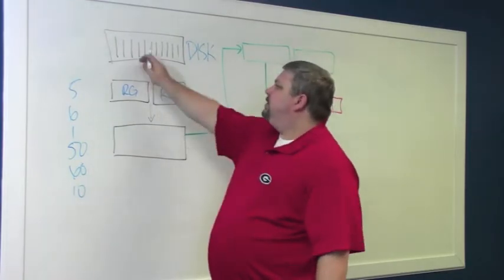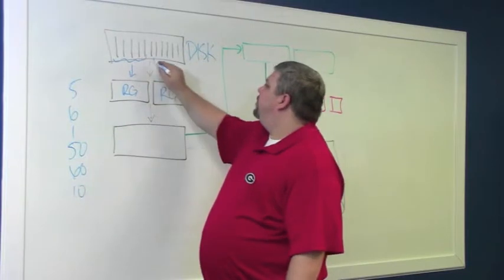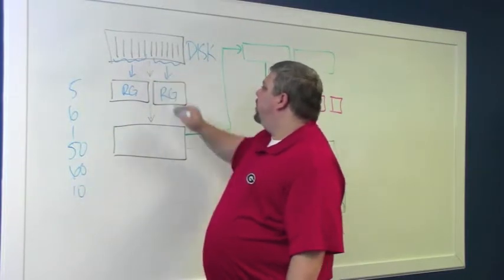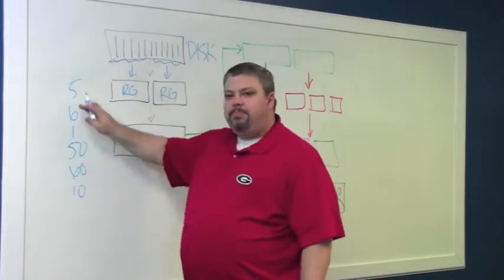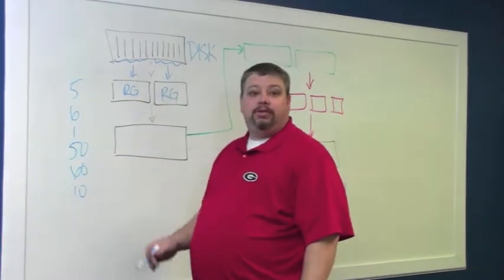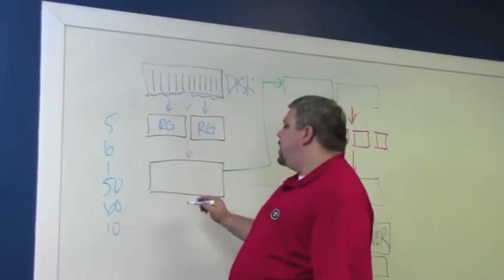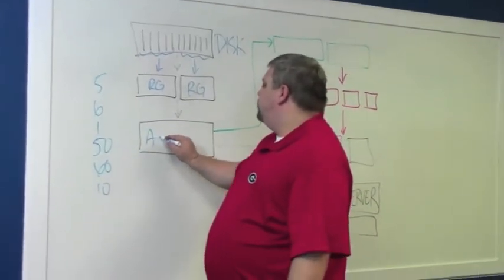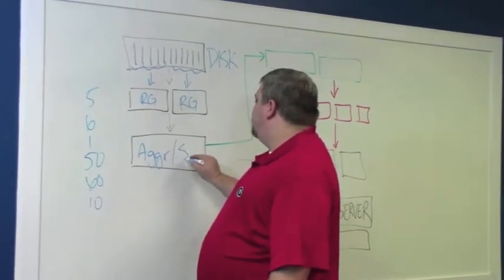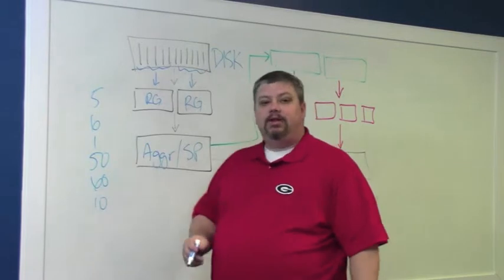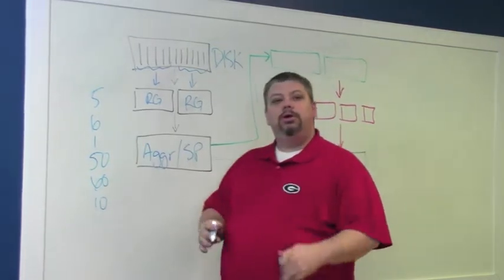What I'm going to do is take a group, say maybe this group right here, and put them into a RAID group, and this group right here, I'll put into a RAID group. I'll configure each RAID group based on the performance characteristics that I want to realize out of them. Then I'm going to put those RAID groups into something, and I'll use some vendor terminology, maybe an aggregate or a storage pool.